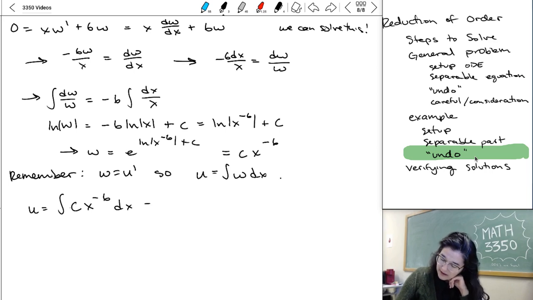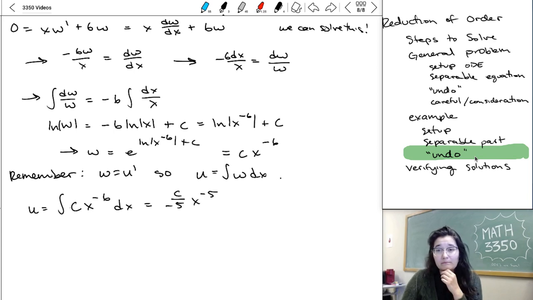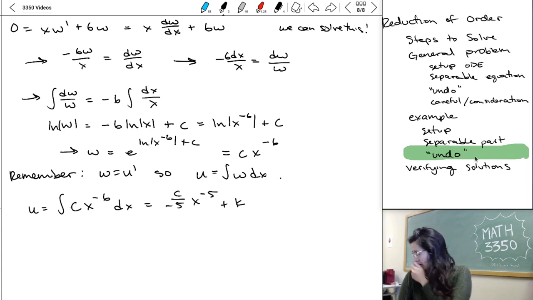And so when I integrate that, I'm going to get c over minus 5 x to the minus 5, just using my power rule. And again, showing that issue that can happen with constants, maybe I add plus a constant here. But I definitely have u. It's something I could plug into WebWork. I'm pretty happy.